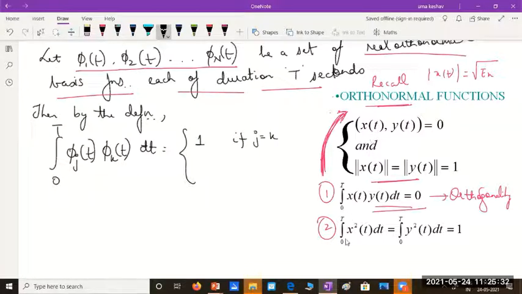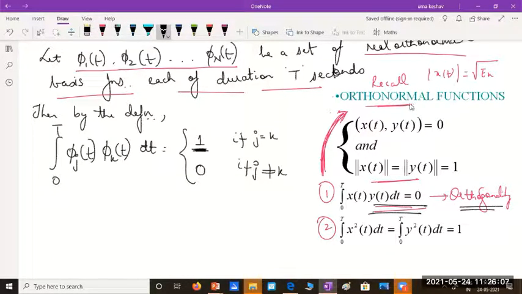What happens if both are x? It becomes the integral of x square t dt. Its value should be 1, right? And its value should be 0 if j is not equal to k. So here, if these are different functions, the integral of x into y should be 0, which represents the orthogonality property.